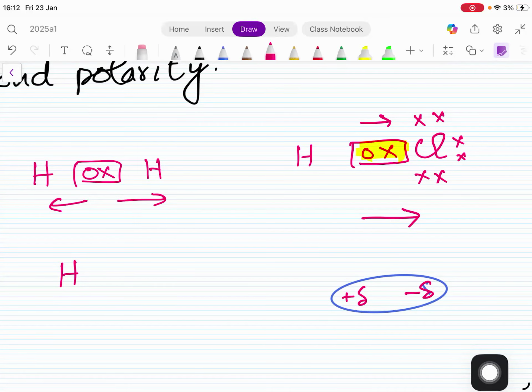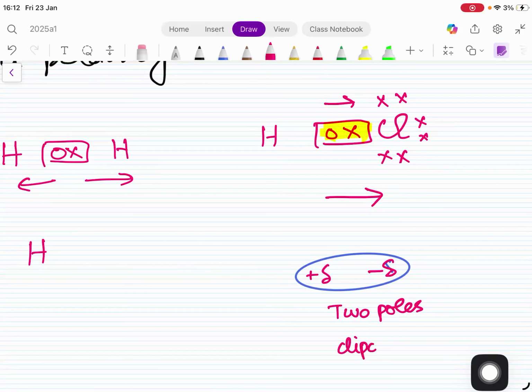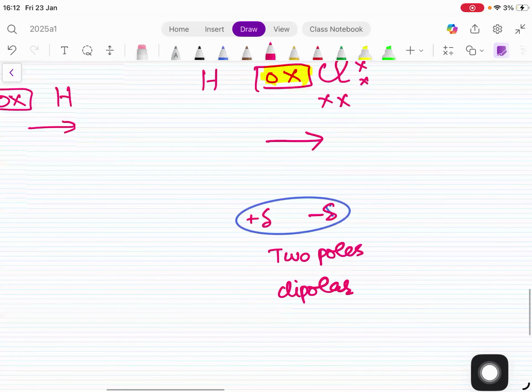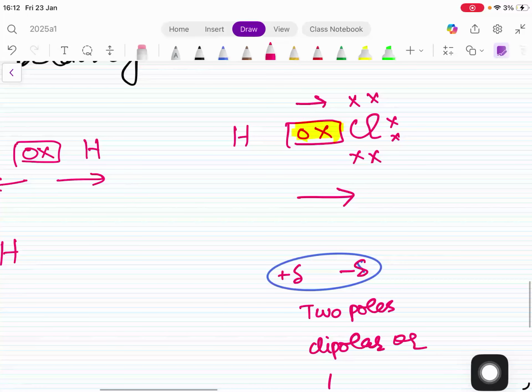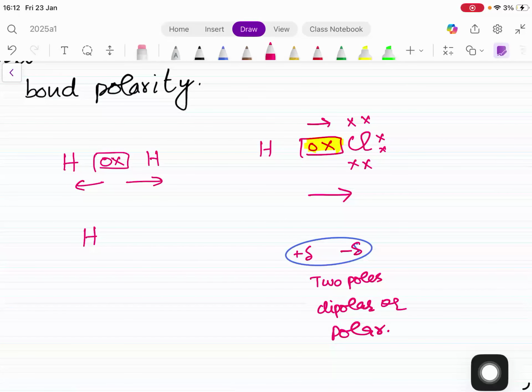It has developed two poles, a positive pole and a negative pole. That's why we call it a dipolar molecule, or we use the word polar molecule. So when the bond is formed between two atoms where the electronegativity difference is greater than 0, the one that is more electronegative pulls the electron pair close to that atom.